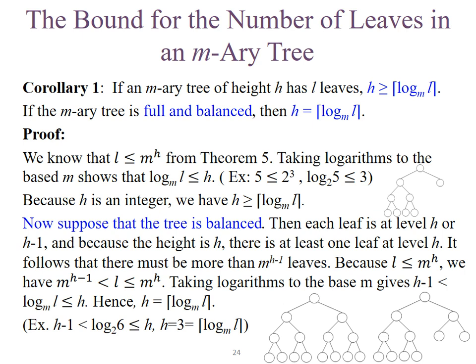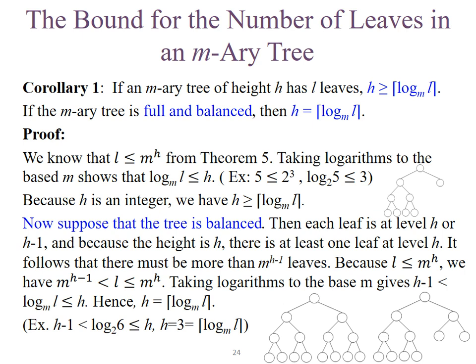That makes this tree have height h, right? If we have no leaves on level h, then the tree becomes a tree of height h minus 1. So at least we should have one leaf at this level. But you can see this is a full balanced tree, so it is a memory tree. So actually, at least we should have n leaves at level h.